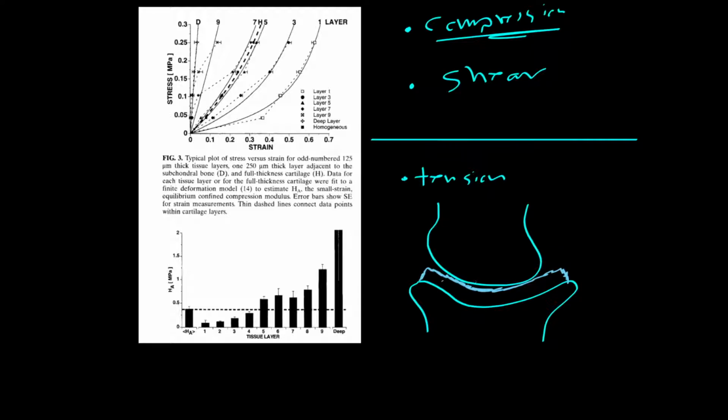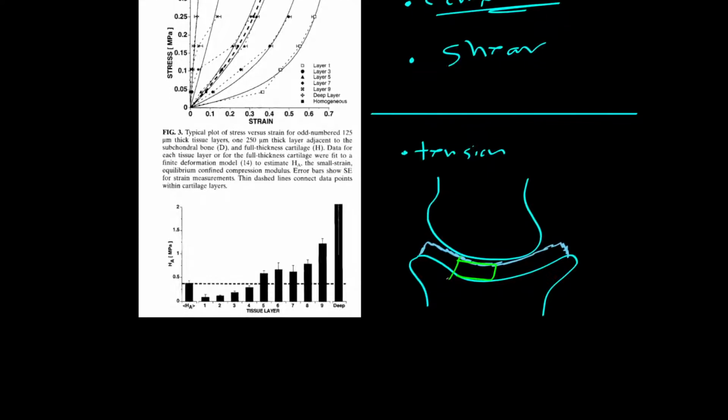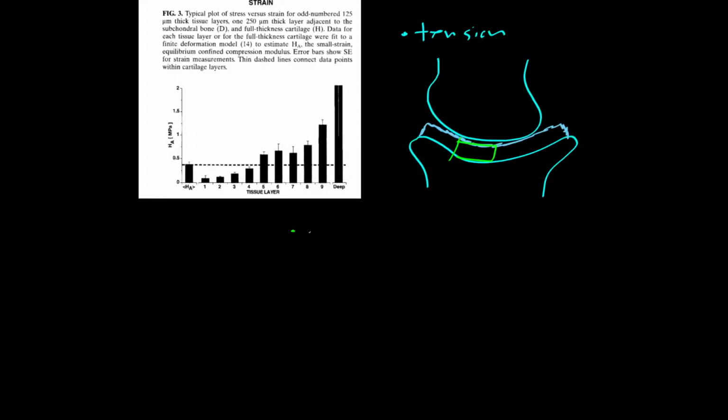Let's say this could be the humerus, and this could be the shoulder joint. So maybe you've got some cartilage in your shoulder, and let's say we took a little slice of it, and we expanded, looked close up at that slice of cartilage.